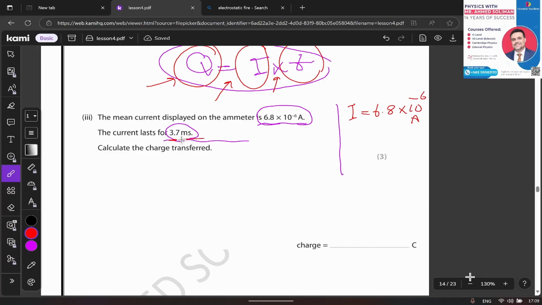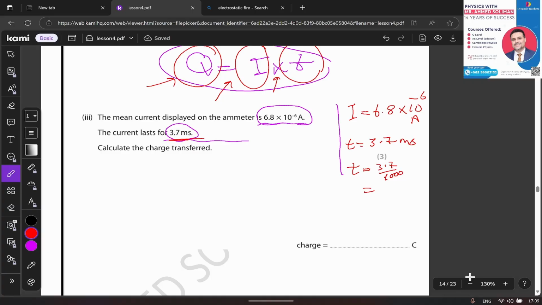And what else he gave us? Time. What is time equal, Bara? 3.7 millisecond. Do you need to make a conversion or not? Yes. How can you convert from millisecond to second? Divide by 1000. Yes.